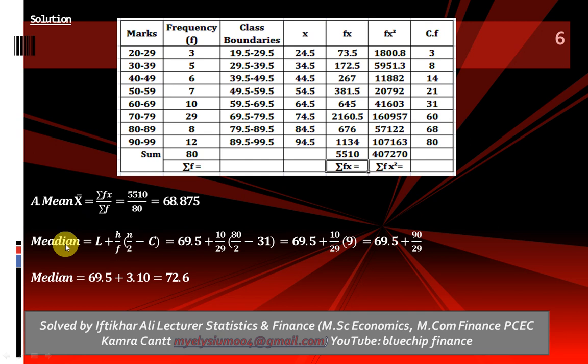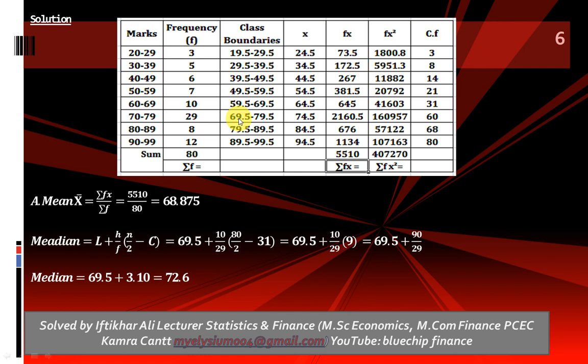In case of median, first select the class by dividing n by 2 and locating the value in the cumulative frequency. So n is equal to sum of f, so 80 by 2 equals 40. 40 falls in the cumulative frequency of 60. So this will be the median class.